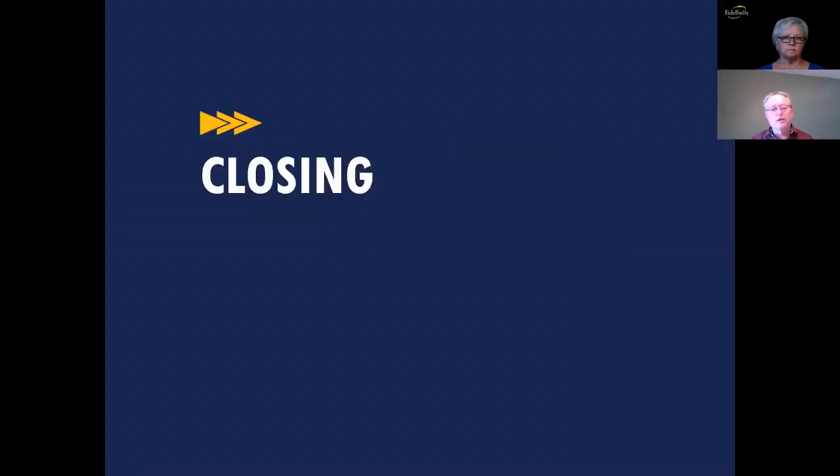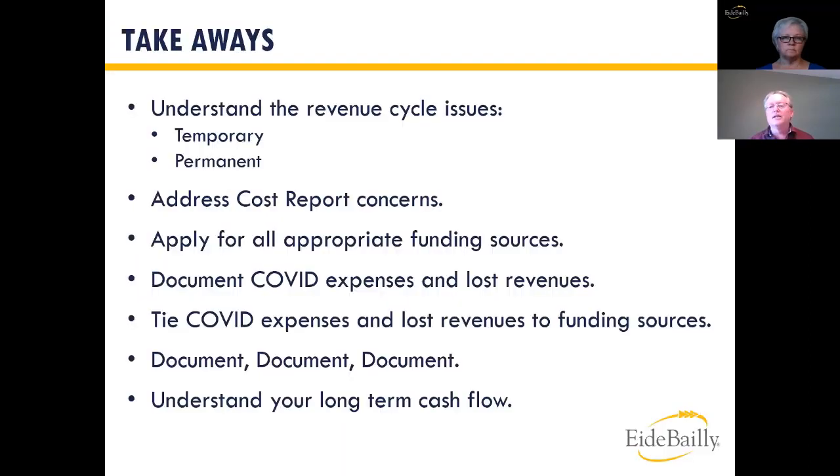And in closing, just to line some things up here, you need to understand the revenue cycle issues. And as Dion said, the piece that I hear from her all the time is know what's temporary, know what's permanent. So you know what you're going to have to pull back and what you're going to be able to continue going forward. Address the cost report issues.